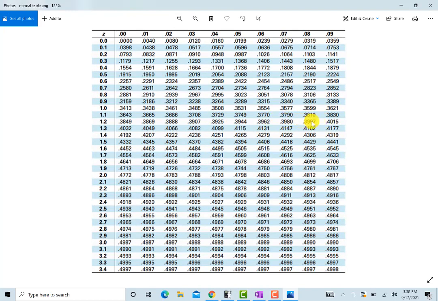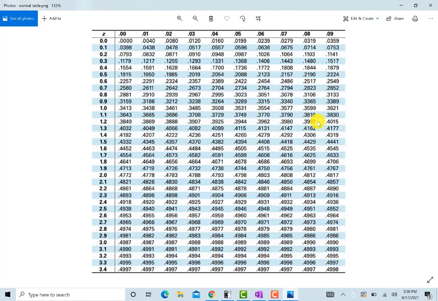Here we have 0.3997 and 0.4015. These two values in the normal table. 0.4 is in between them, but it's closer to 0.3997, so therefore I will use 0.3997 for my area in the table lookup.